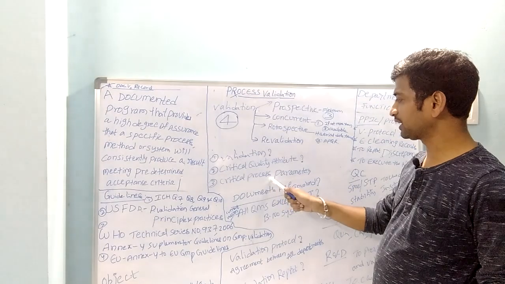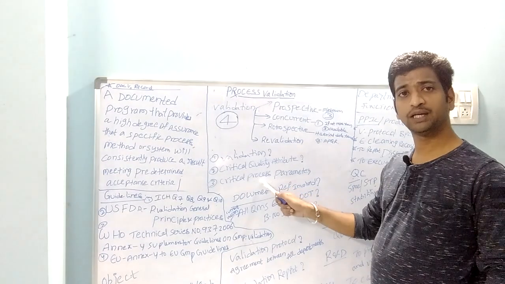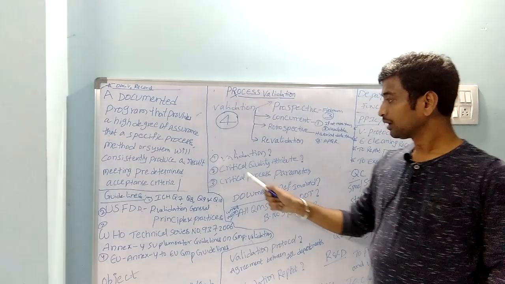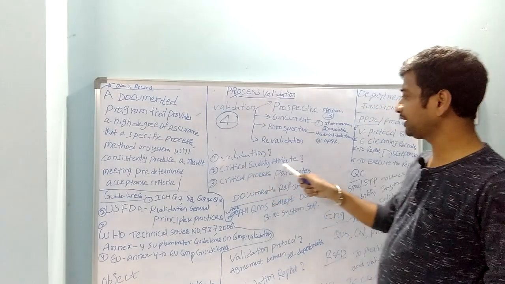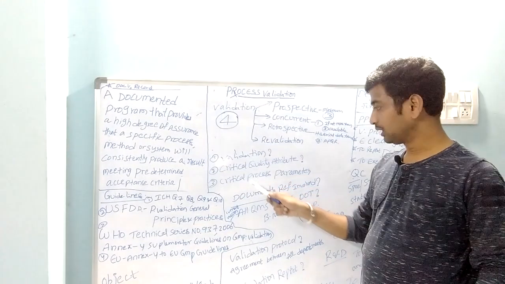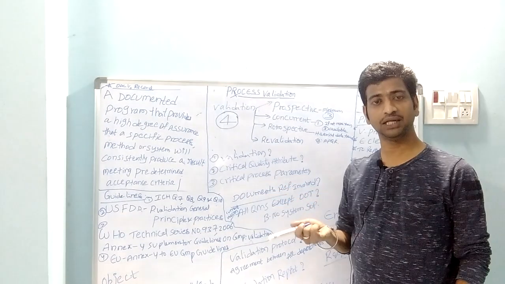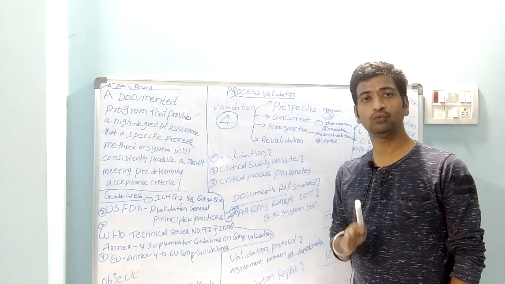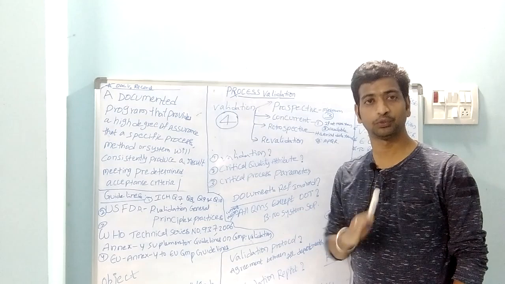And the critical process parameter. Critical process parameter is the parameter by means of which the quality attribute is satisfied, and it is the process where you are using criticality. That means whether it is temperature or vacuum, during that time you have to maintain exactly what you have mentioned in the process validation protocol.